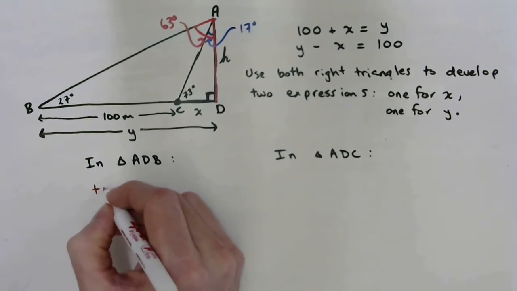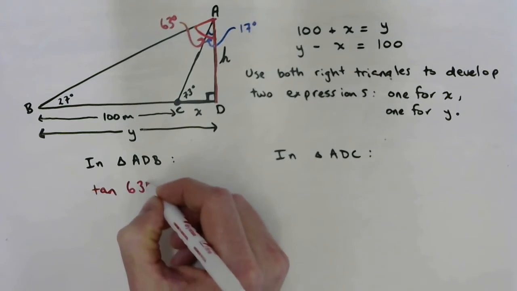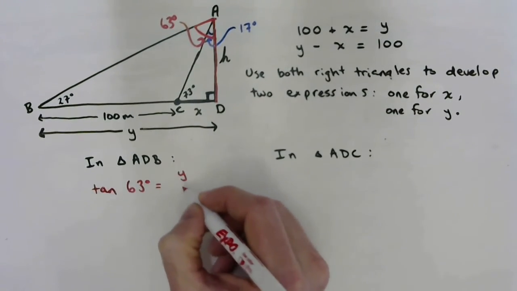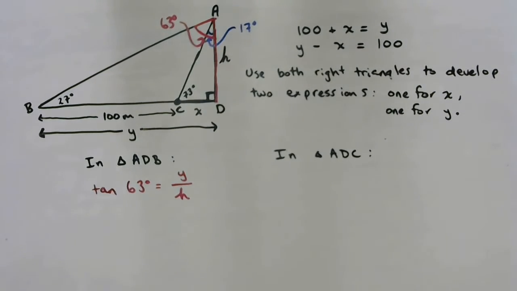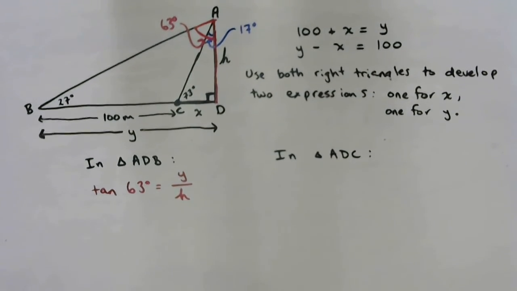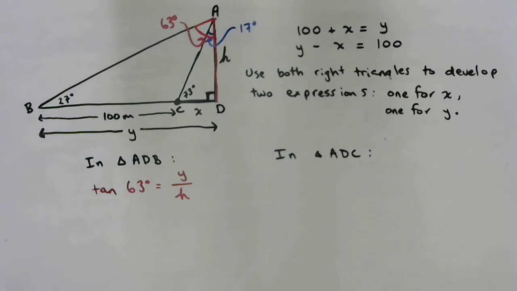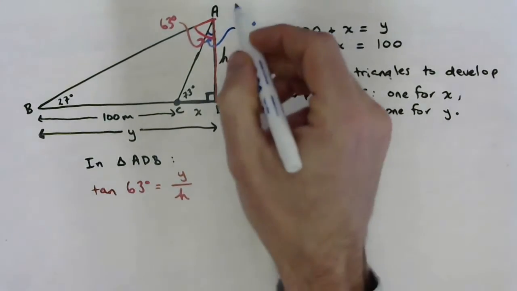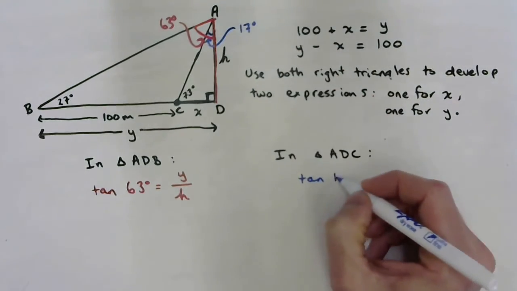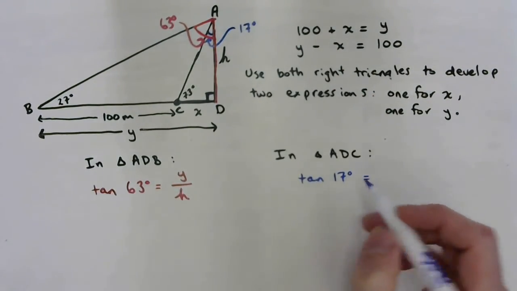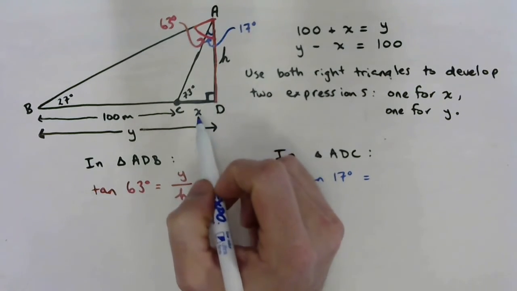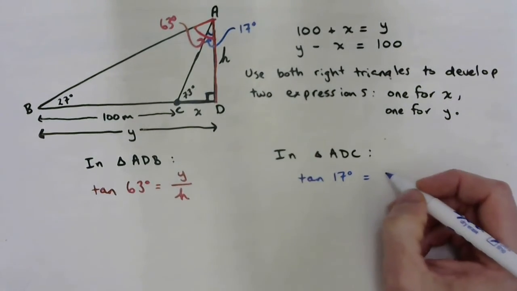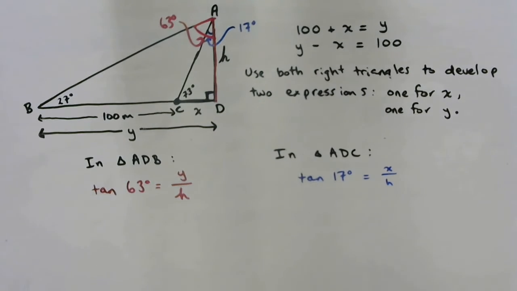I have the tan of 63 degrees is equal to opposite over adjacent. Make sure you understand that before we move on. I'm going to do something similar in my little triangle here. Same thing. We're looking from the top of the bridge here. We have a 17-degree angle. We're taking the tangent of that because the tangent ratio is opposite over adjacent, x over h.